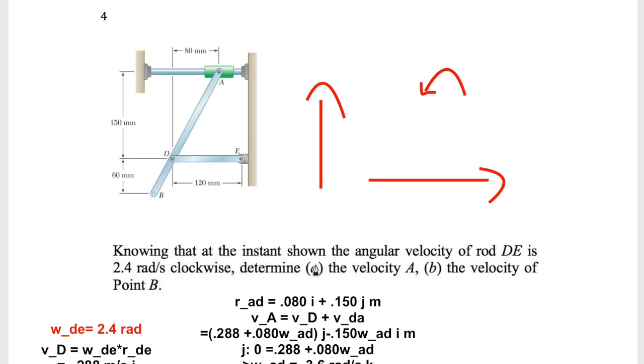And then we're going to find the velocity of A with respect to D is the velocity of D plus the velocity of DA.